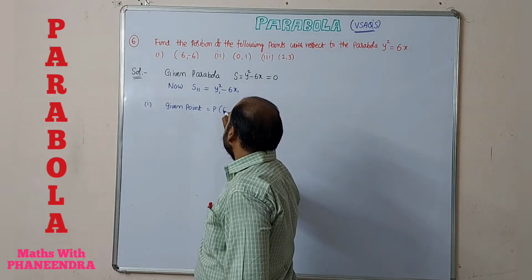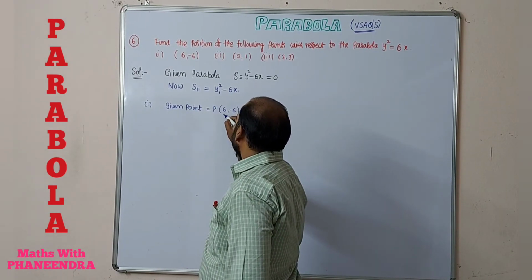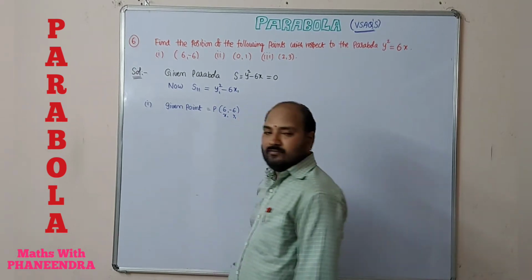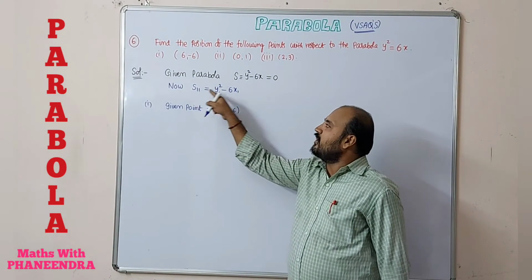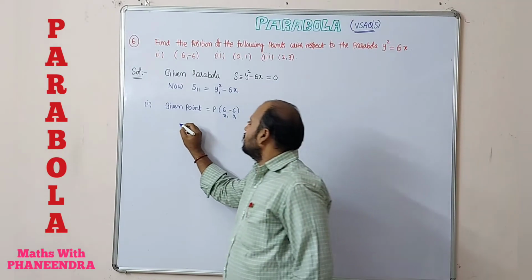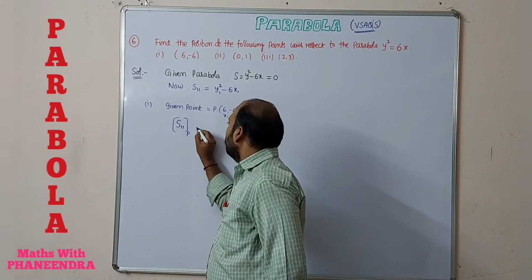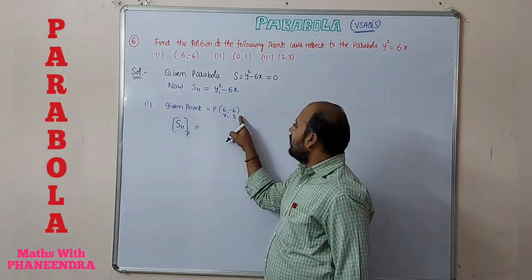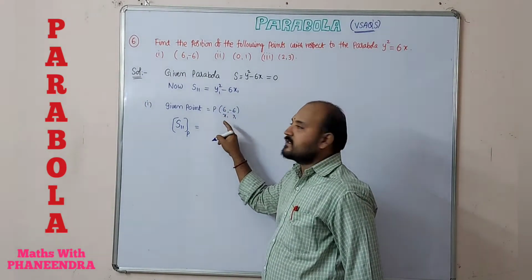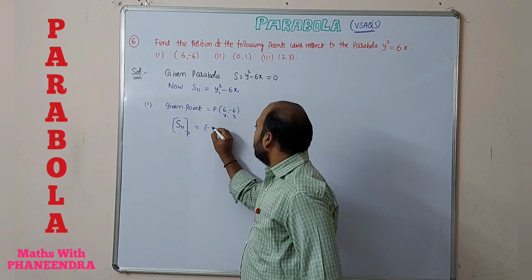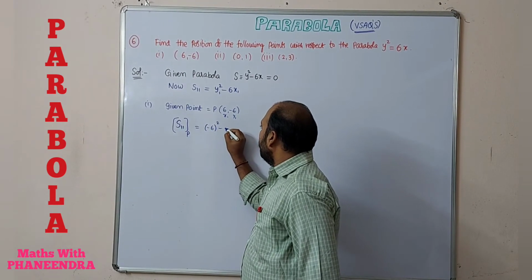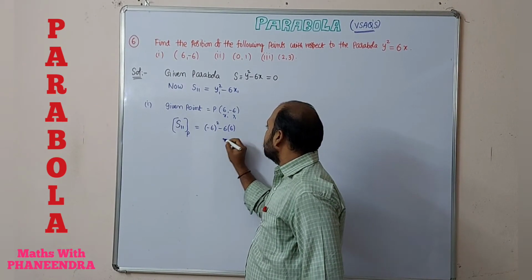P of 6 comma minus 6, it is denoted by x1, y1. So in S11, if you substitute, S11 at P, in place of y1 put minus 6, in place of x1 put 6. So y1 square is minus 6 whole square, minus 6 into x1, 6.